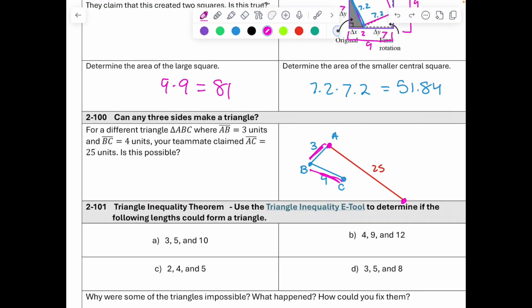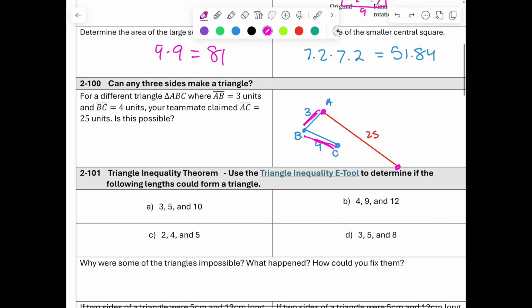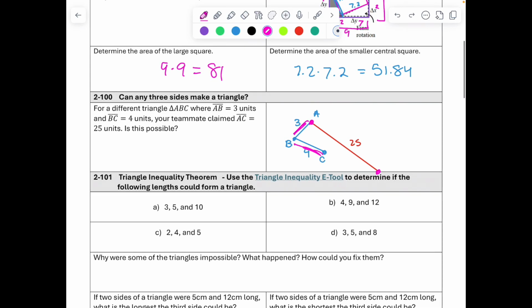Okay, so we've got something called the triangle inequality theorem, where we're gonna determine if these sides are possible. Okay, so when we play around with these tools here, A and D do not end up producing triangles.